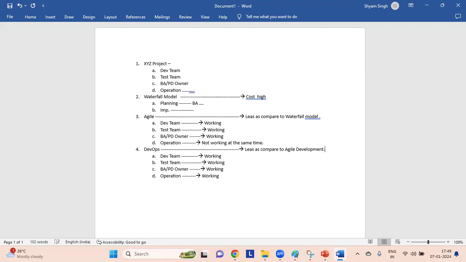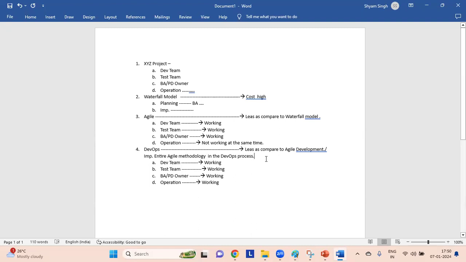Correct, guys? And most important point, you can implement the entire agile methodology in the DevOps process.